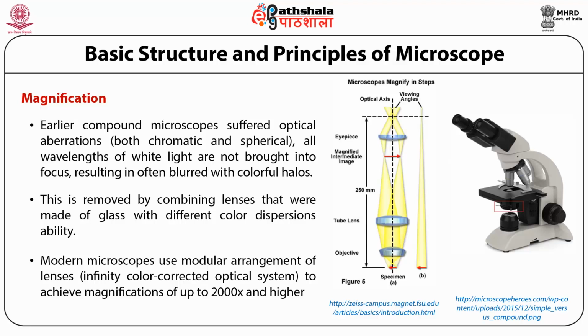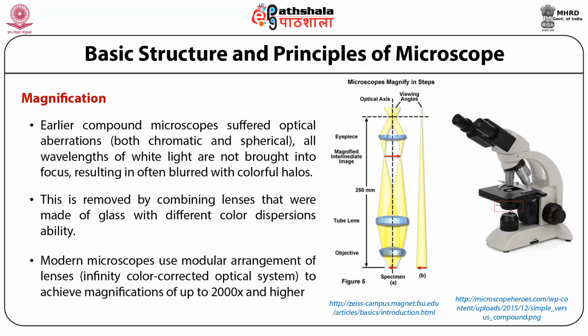As you can see in this picture, the specimen is kept at the very bottom, and instead of the object looking small, as shown in picture B, by putting a convex lens in between we can amplify it and make it bigger in size.